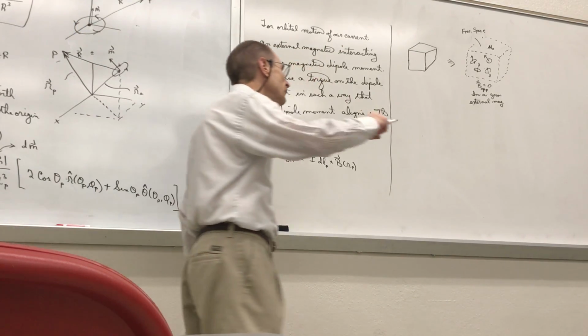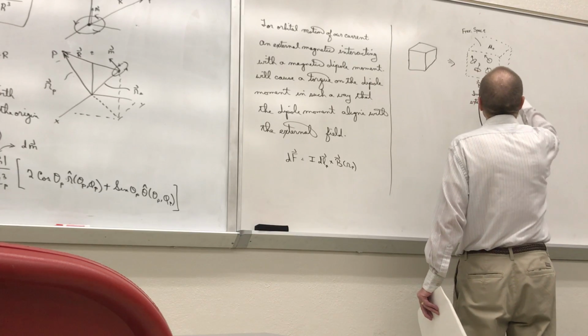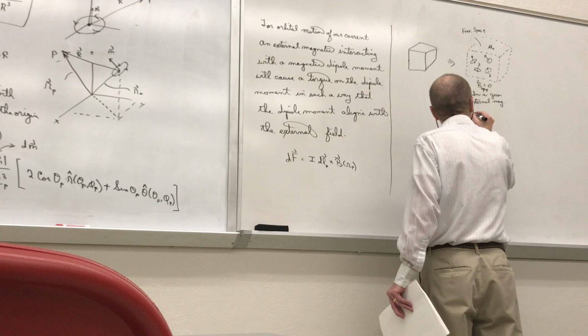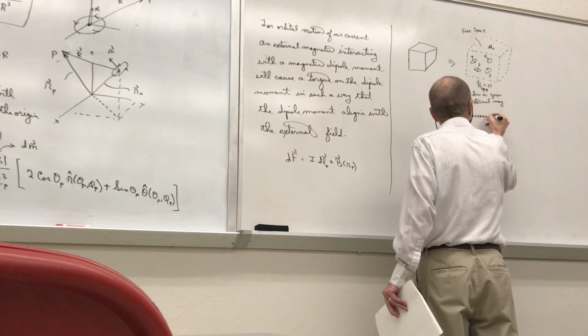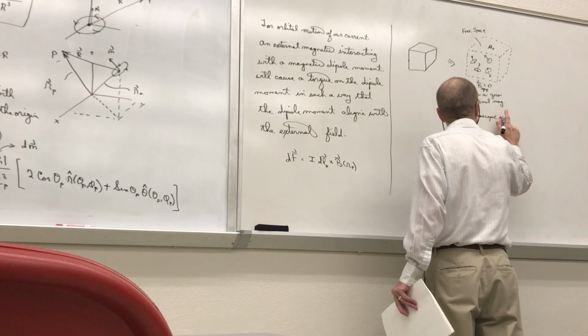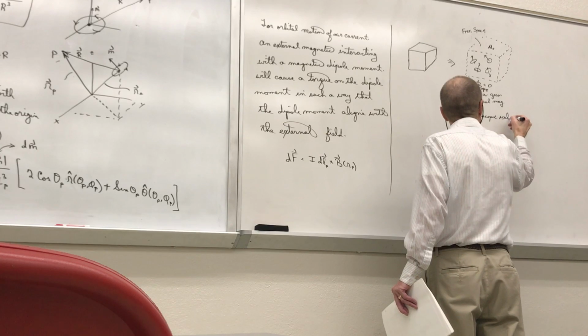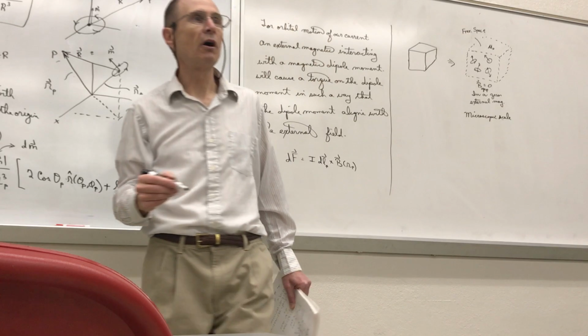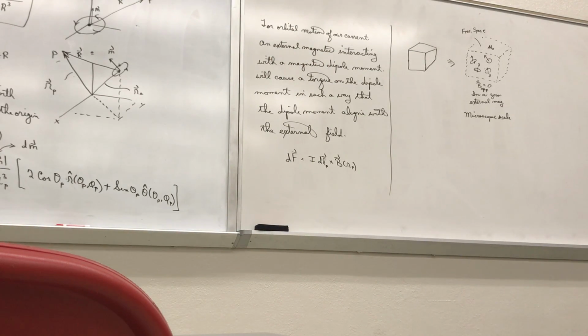Okay. Now, this is on a microscopic scale. The number of these dipole moments is phenomenally large, which makes calculating contributions to the magnetic field at any point inside this material medium too difficult.